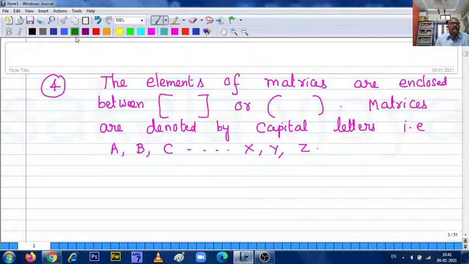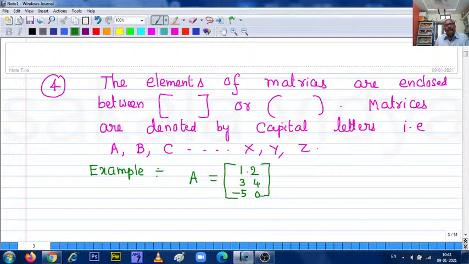For example, we can write like this: A equals 1, 2, 3, 4, minus 5, 0. Don't put commas between these. The elements of a matrix are enclosed between this bracket.